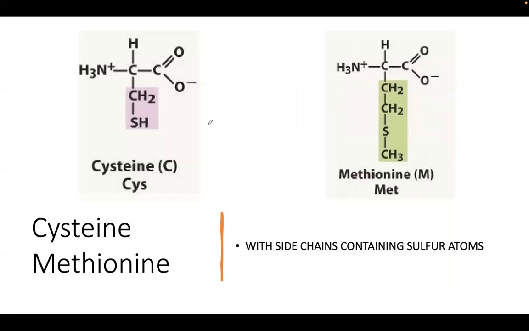Now, what about the amino acids that contain sulfur atoms? Always remember when it's sulfur, you usually have a sulfhydryl group, such as this SH here. So we have cysteine, then we have methionine. Always bring with you to the boards that methionine is the first amino acid in the genetic code. What do we call the codon which is the beginning of the genetic code?